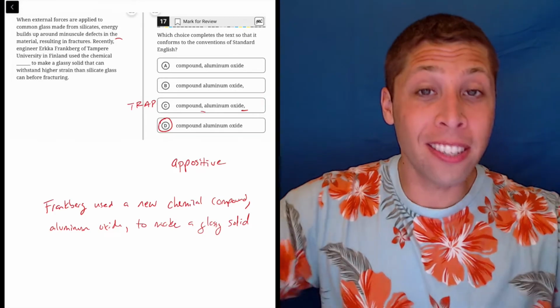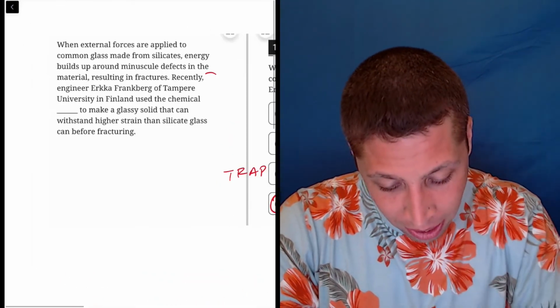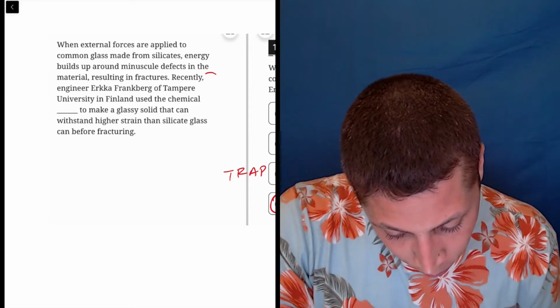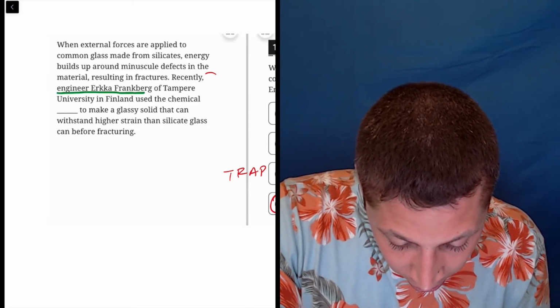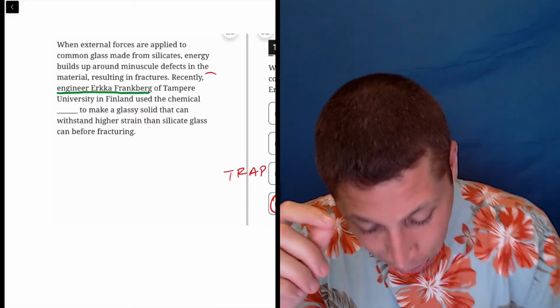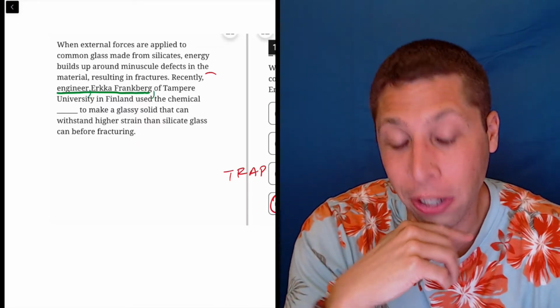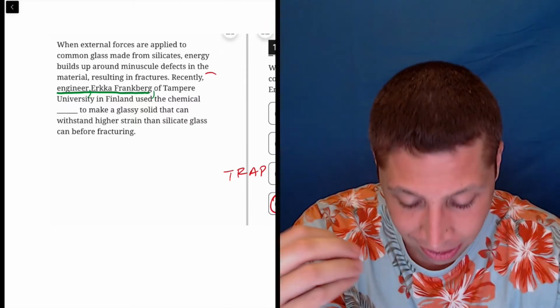Now, in the sentence itself, we actually have another case where this often comes up, and maybe you noticed it. If we look here, recently, engineer Erkka Frankberg, right? Many of you would put some commas after engineer and Frankberg and separate her name out. But again, this wouldn't make sense.